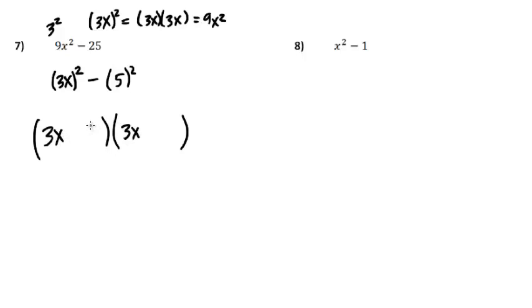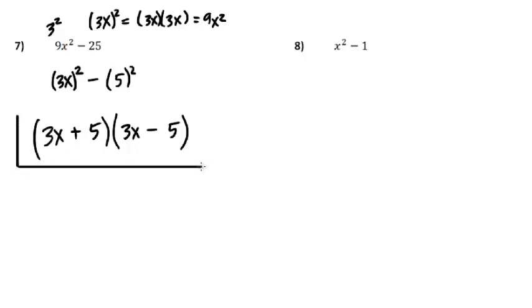And we have to put the 5 in there. 5 and 5. And the difference between these two parentheses is one's adding and one's subtracting. And it doesn't matter which order they go in. This could be a minus parentheses and this could be a plus parentheses. Doesn't matter. Okay? And this is our factored form. We factored this difference of two squares into two binomials multiplied together.